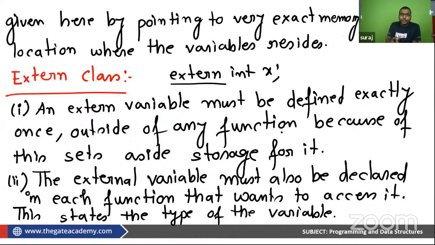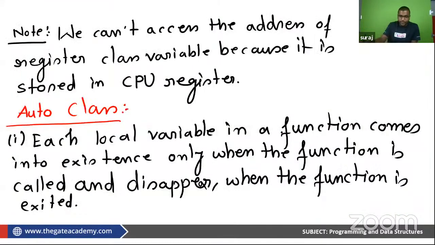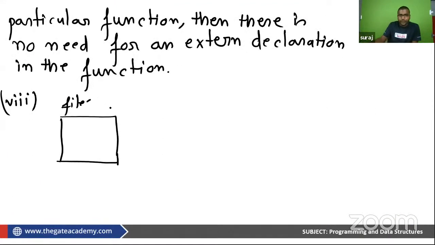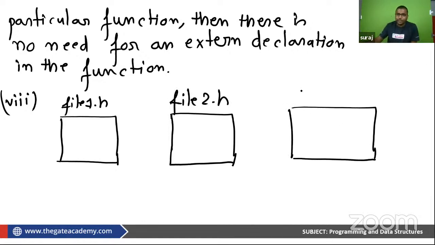So if you have more source files, then how can you use it? Let's assume you have file 1, file 2, and the last one is file 3. Now all the definitions of the external variables are in file 1.